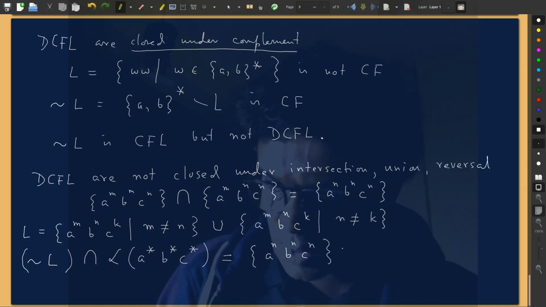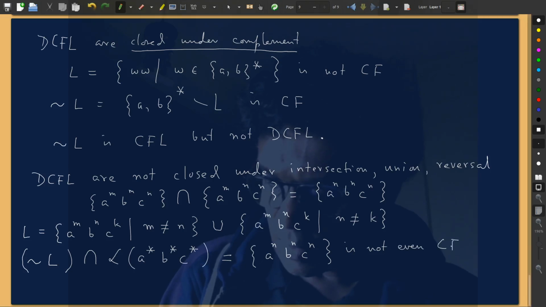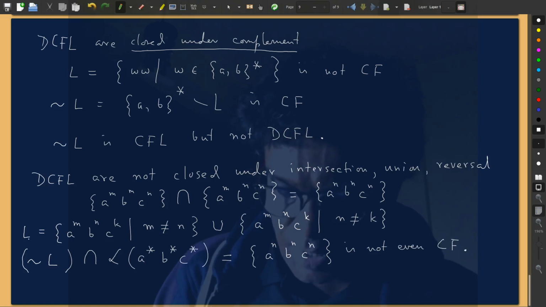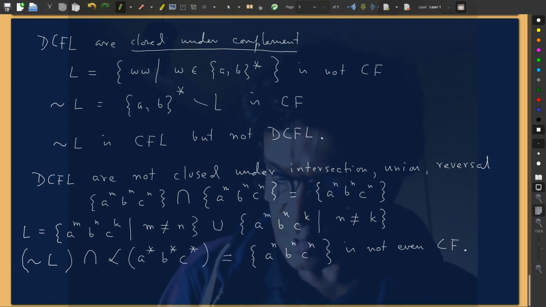So this is not even context-free, forget about deterministic context-free. So if L is deterministic context-free, the complement of L will be deterministic context-free and therefore context-free. And then its intersection with this regular language will be context-free, but we know that this is not even context-free. So they are not closed also under union. But they are closed under complement, not closed under intersection, not closed under union.